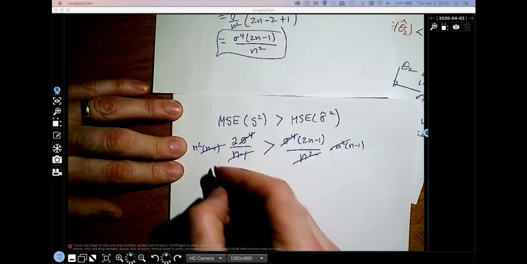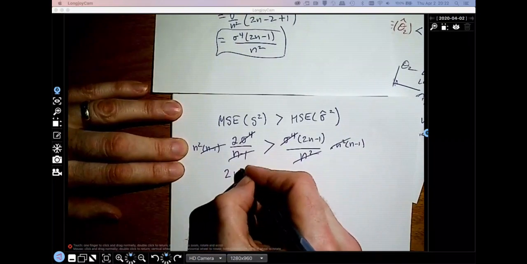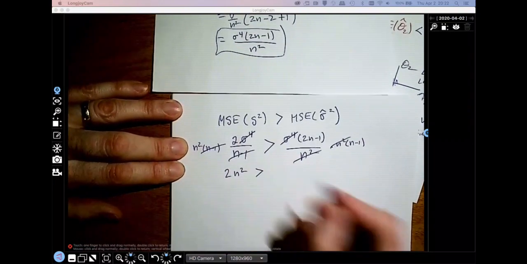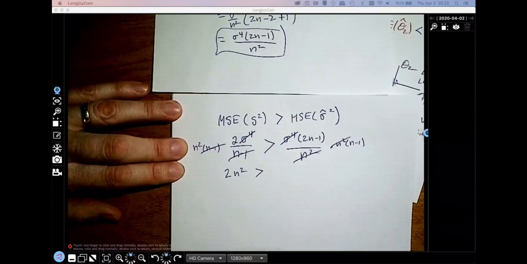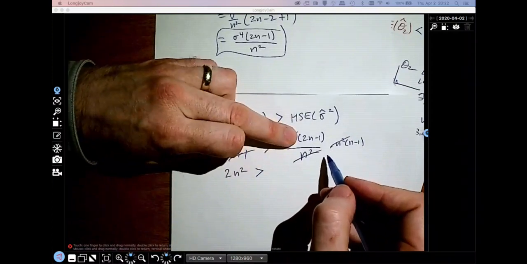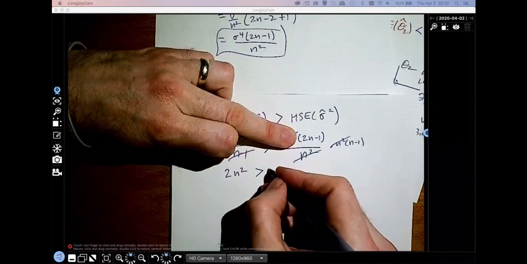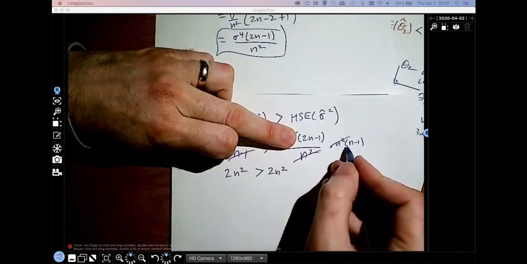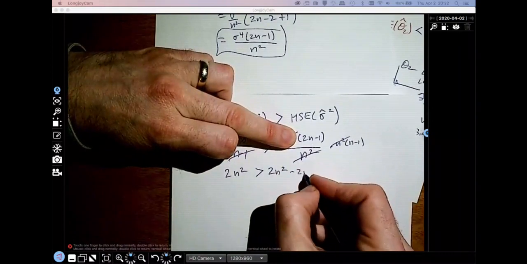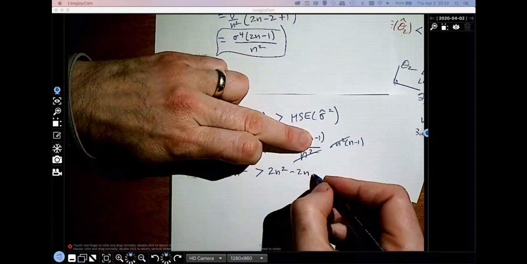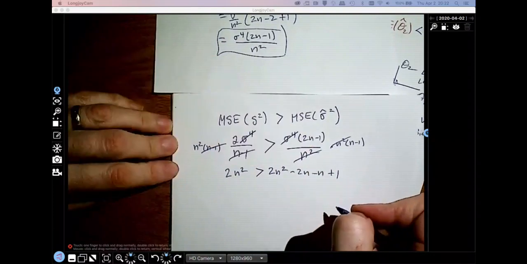So let's see what we're left with. Here I have 2n squared, and I claim that's bigger than what I have on the right-hand side. I think we're going to have to expand this. So this is going to be 2n squared minus 2n, minus n plus 1.